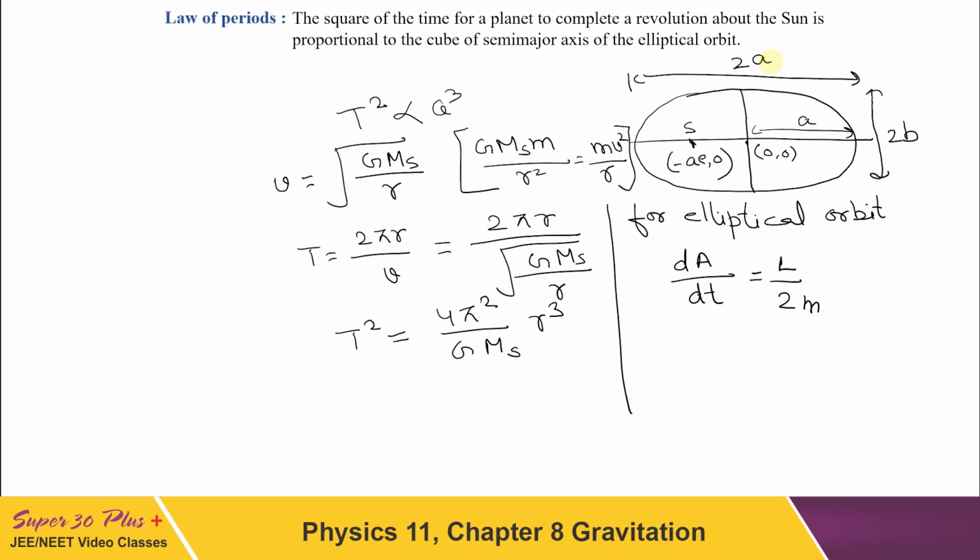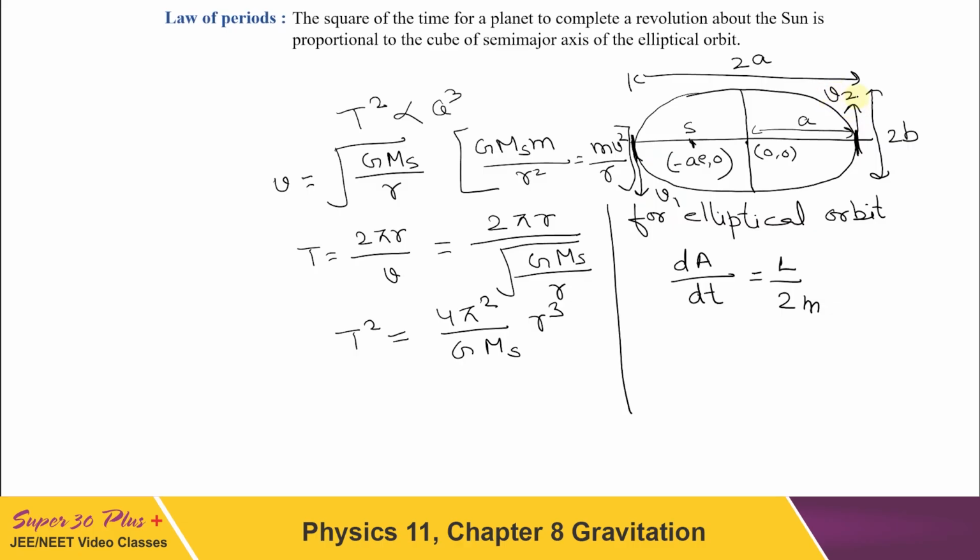Now, if we consider R1 and R2 are the shortest and the farthest distance of planet from sun during its motion, which can be given as R1, of course it has to be here, and R2 when it is here. So let the velocity at this point when it is at the shortest distance be v1, and the velocity when it is at the maximum distance is v2.